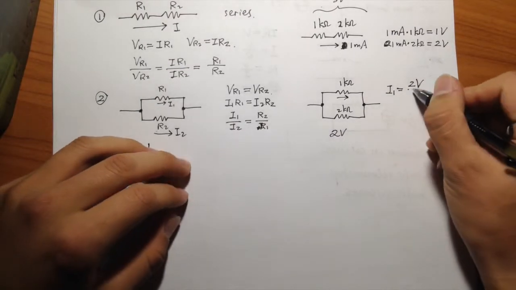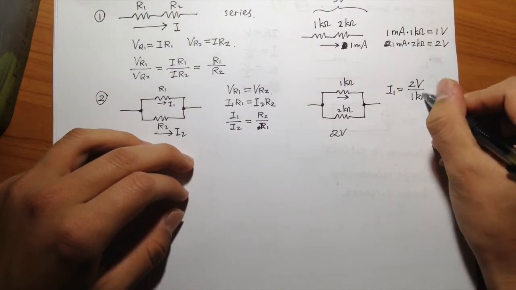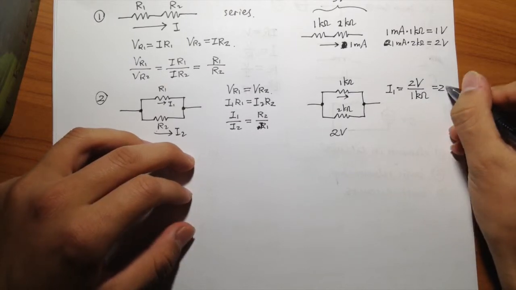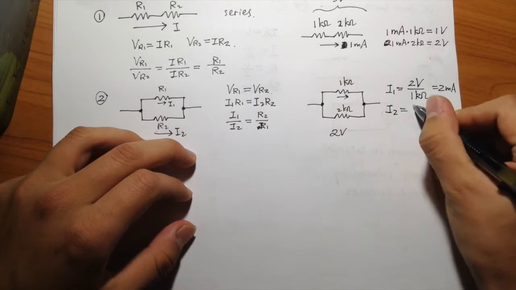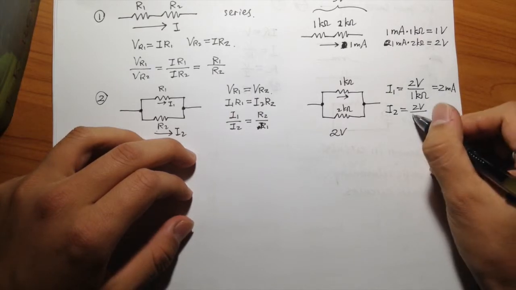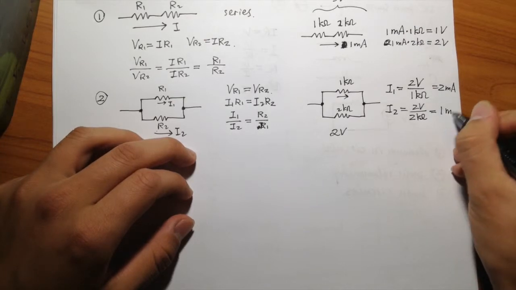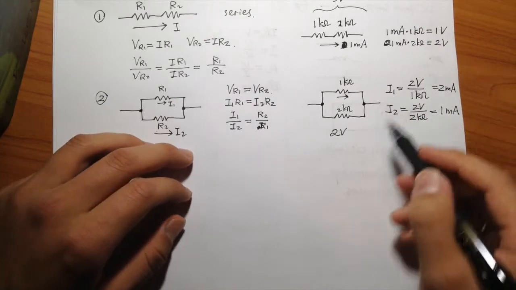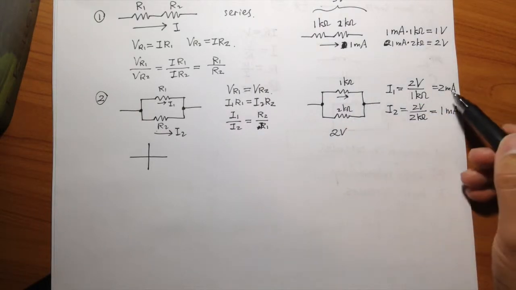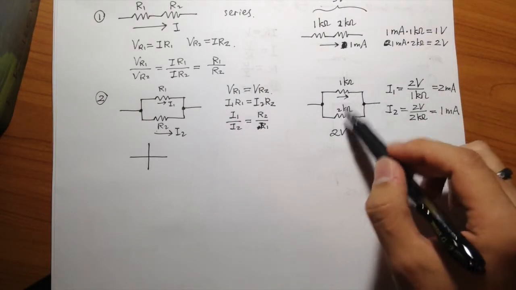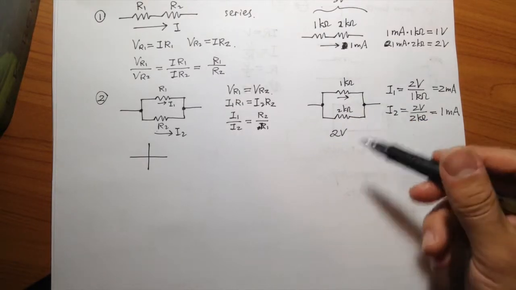I1 would be 2 volts over 1 kilo ohm, and that would be 2 milliamps. And I2 would be 2 volts over 2 kilo ohm, and that would be 1 milliamp. So you see, the current gets divided between the two resistors, and the ratio of the currents is actually the reverse ratio of the resistor values. And that's why we call it a current divider.